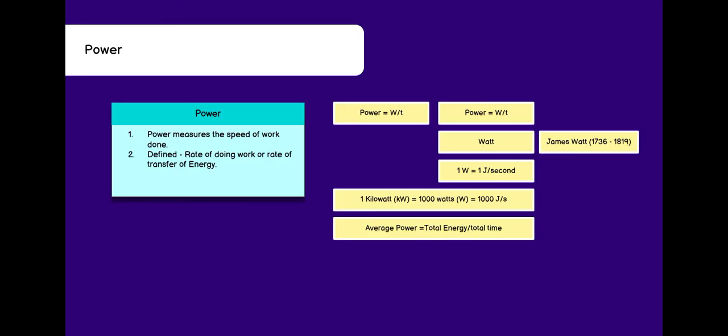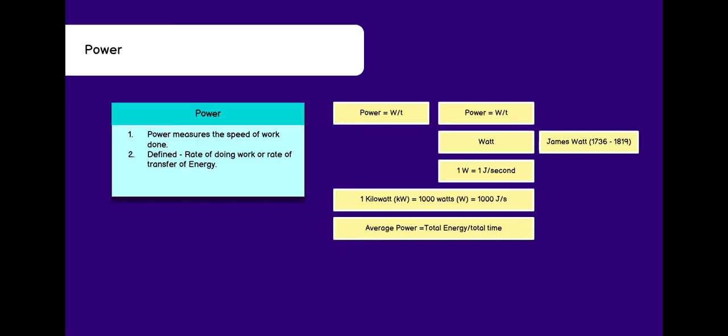Coming to power. Power measures the speed of work done. It is defined as the rate of doing or rate of transferring energy. Means how much work is done in how much time. So therefore, the formula for power is work upon time. The SI unit of power is watt.